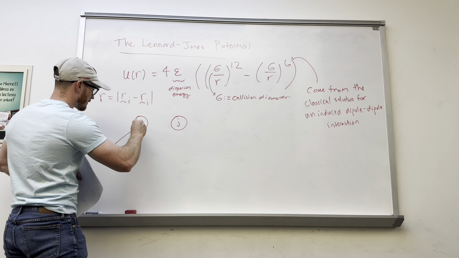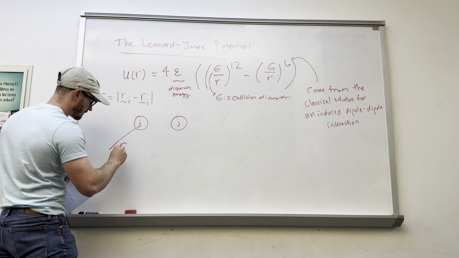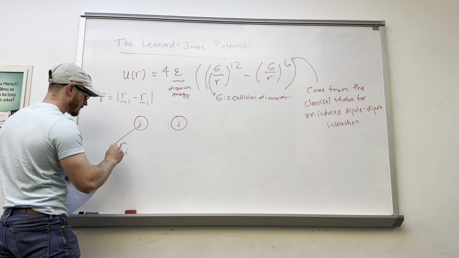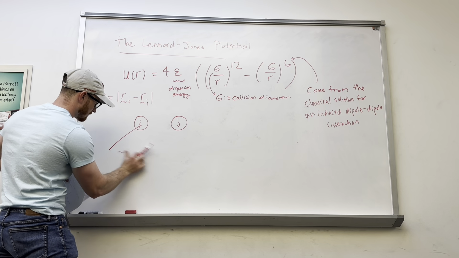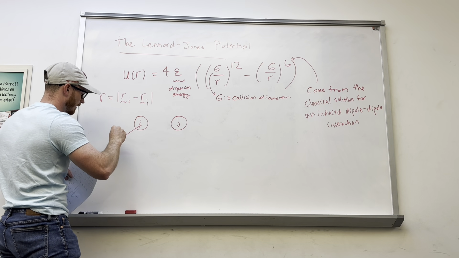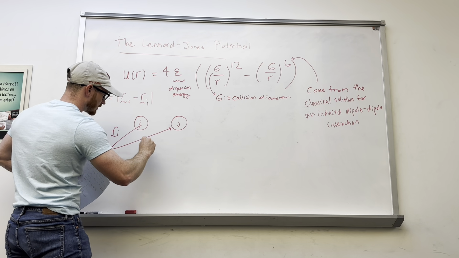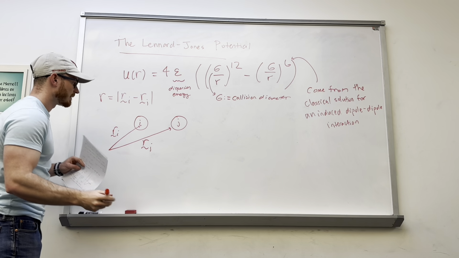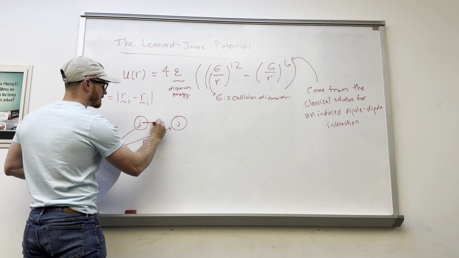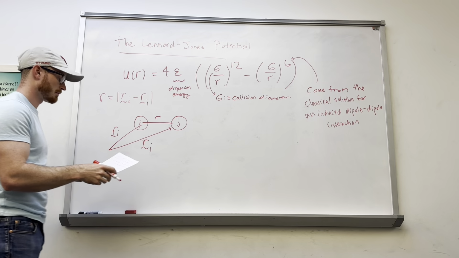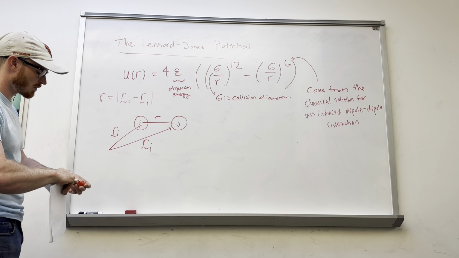They have some vector pointing to them from this arbitrarily chosen origin, Ri, Rj. And the distance between these two is going to be here, R. So we kind of can see what we're doing here.